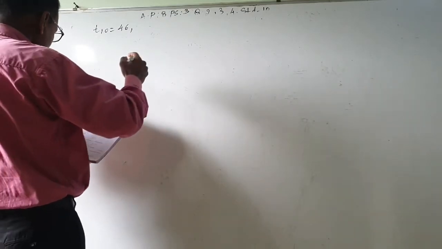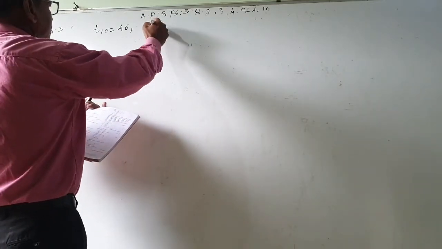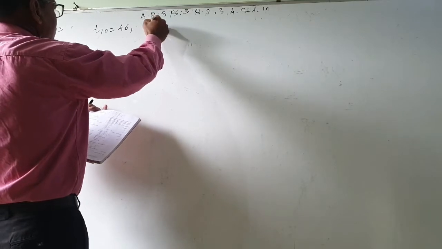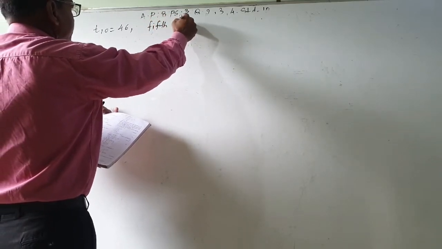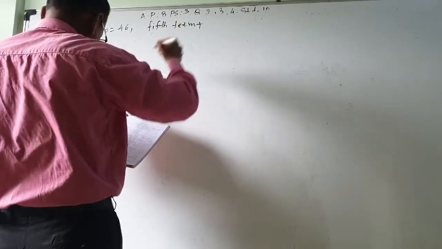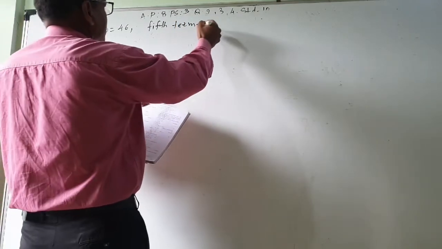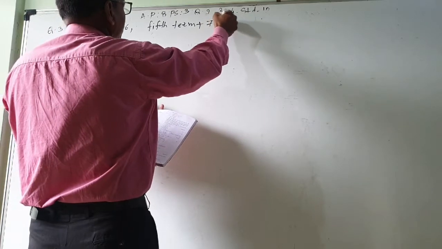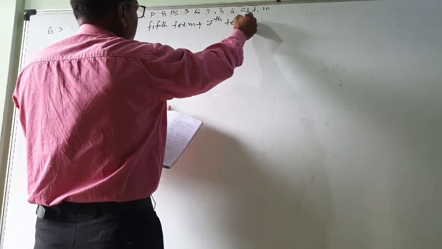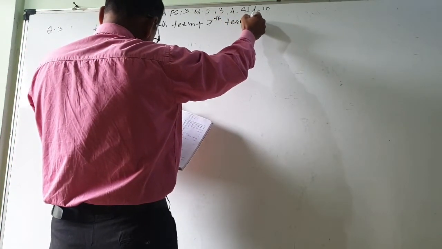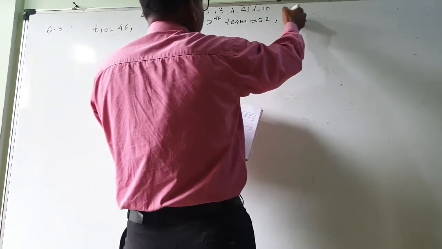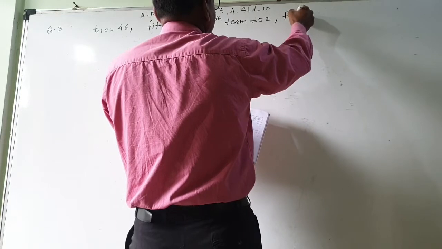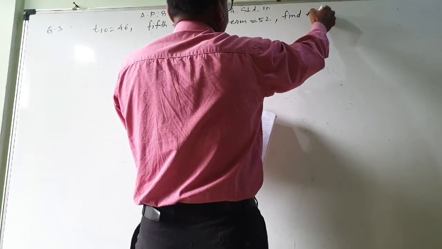The sum of the 5th term plus 7th term is equal to 52. Find the AP. This is our question.